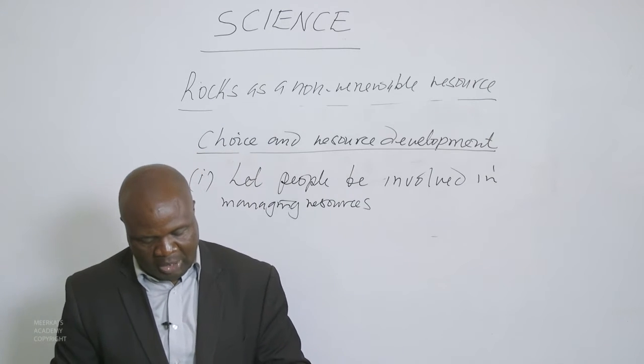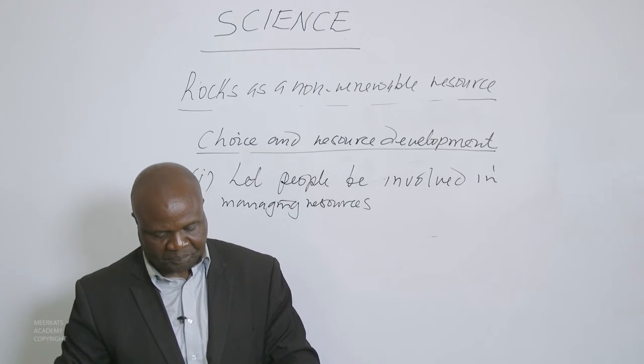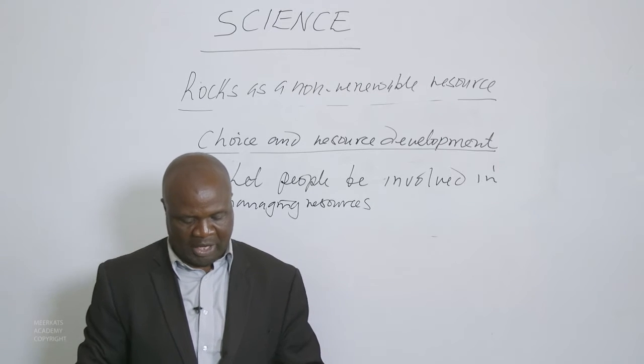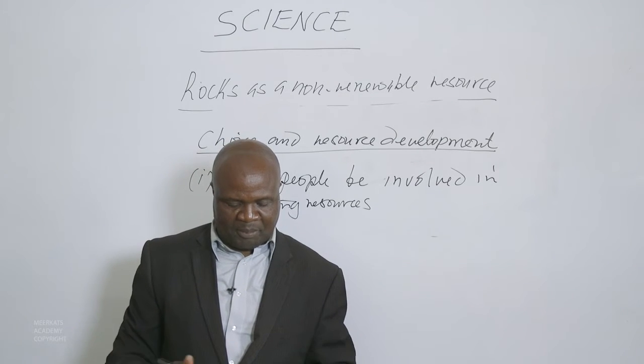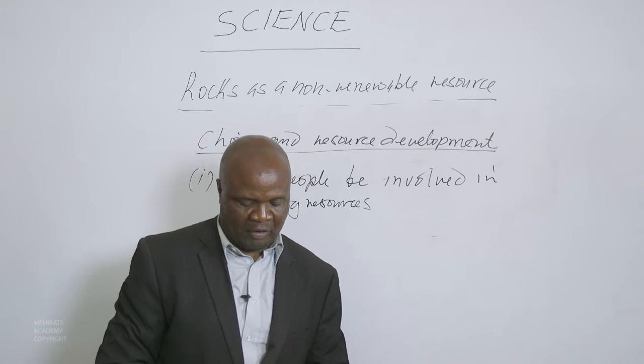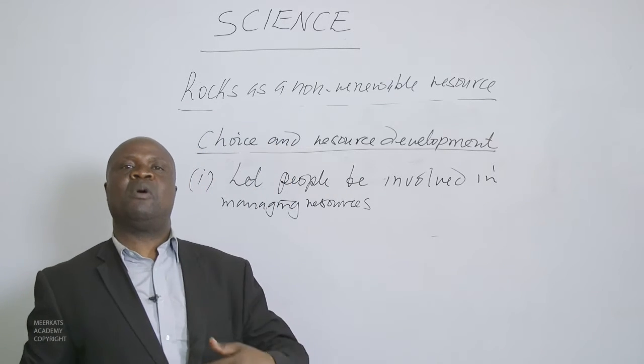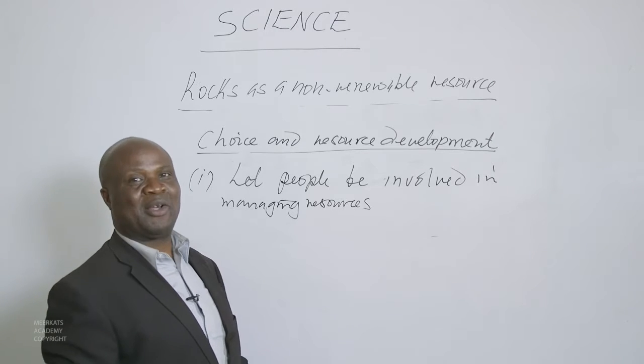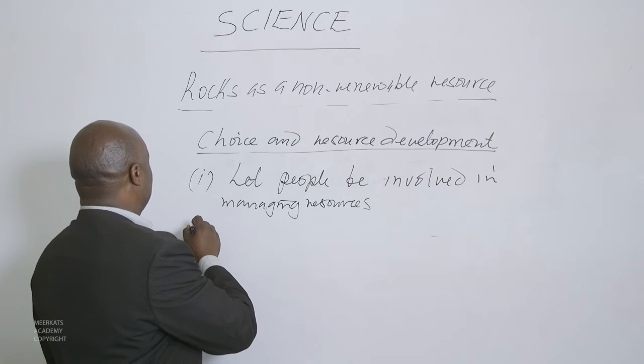Then we also have green teams. We have green teams made up of indigenous people. They will advise on resource development. We can come up with people who are well informed, with experts. So we can have teams.